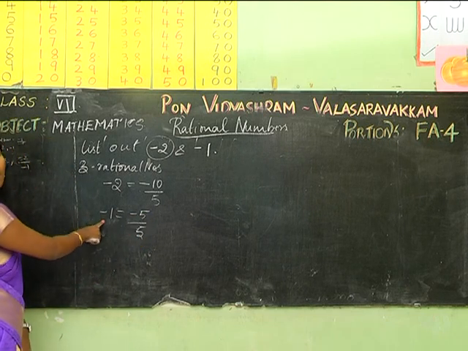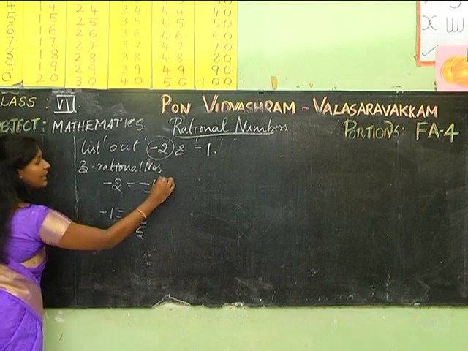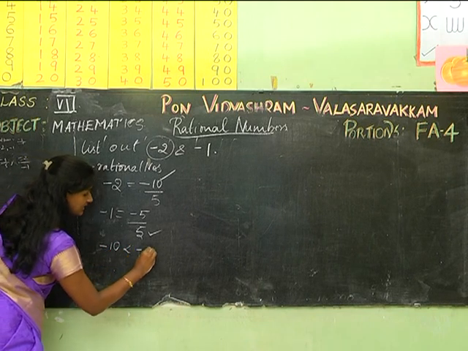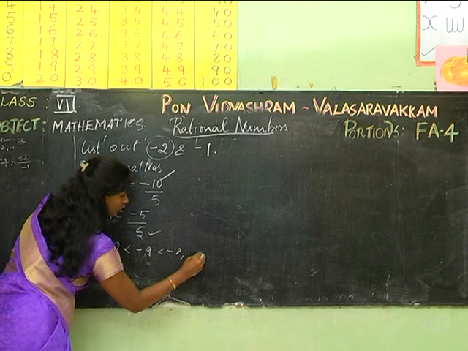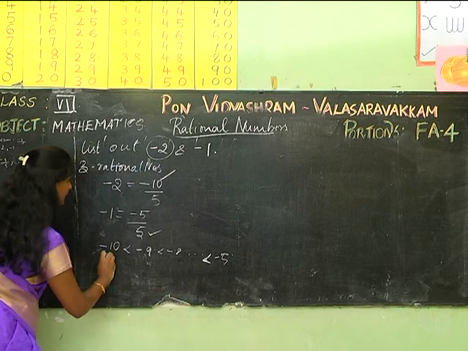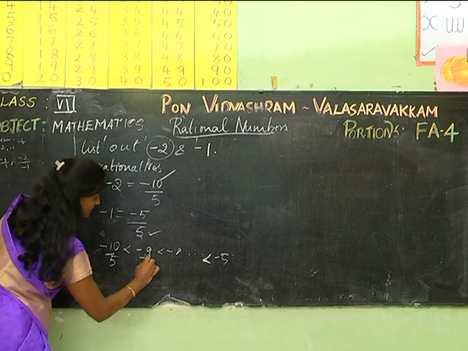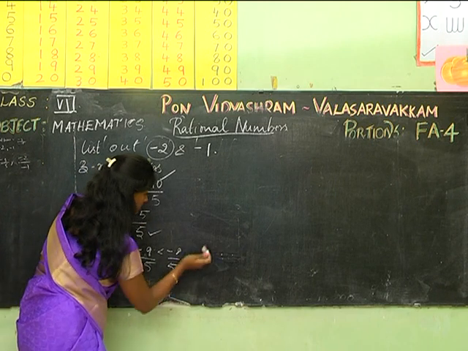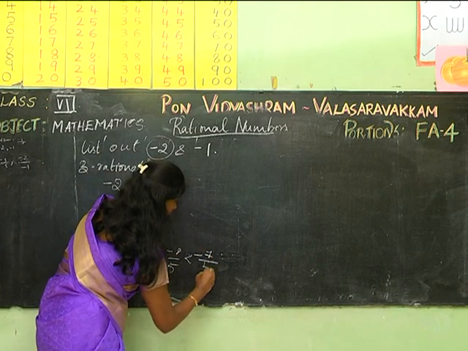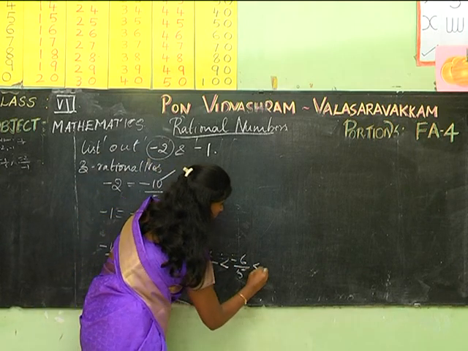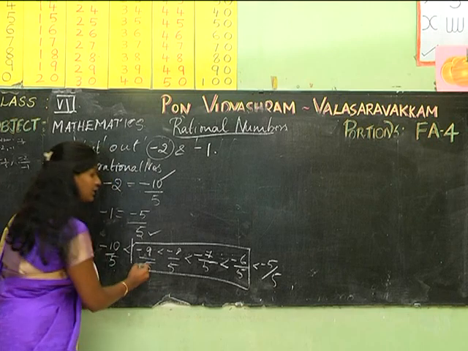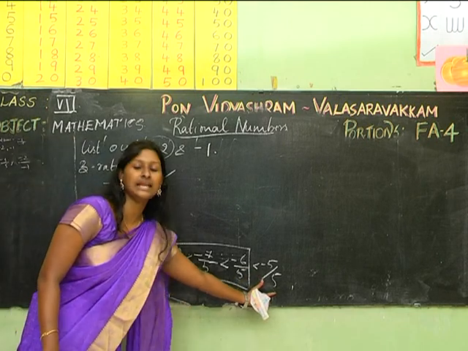If I cancel this out, I will get minus 1. So these will be my limits on both sides. So I can write this as minus 10, minus 9, minus 8, and so on till minus 5, divided by the denominator 5, which will carry as such. So I have these 4 numbers between the limits minus 10 by 5 and minus 5 by 5.